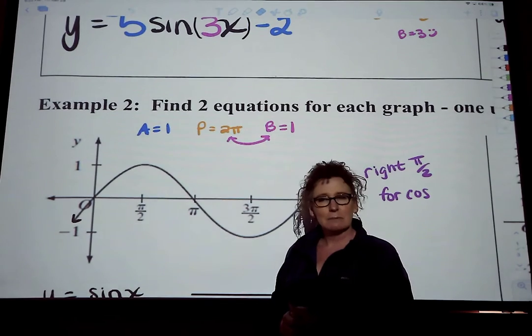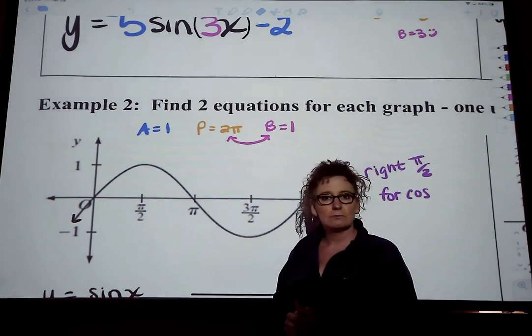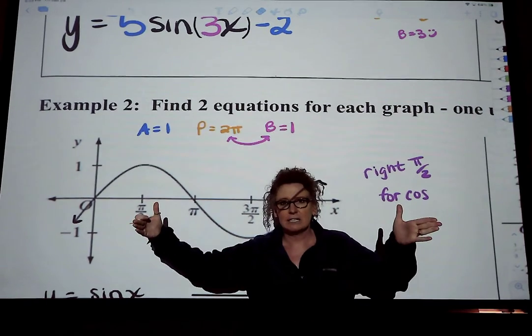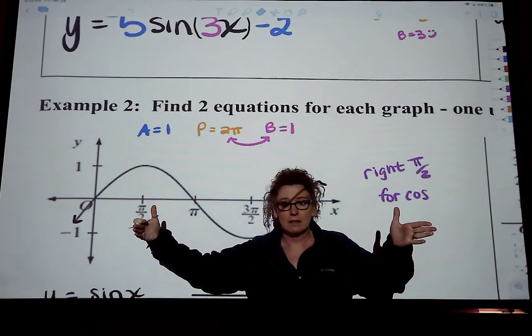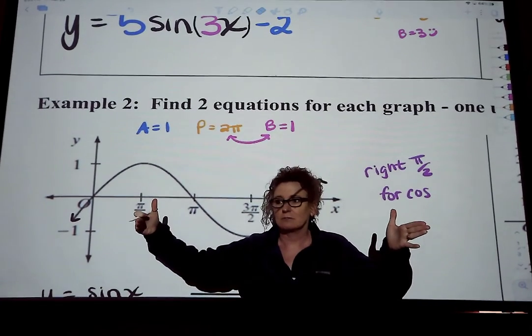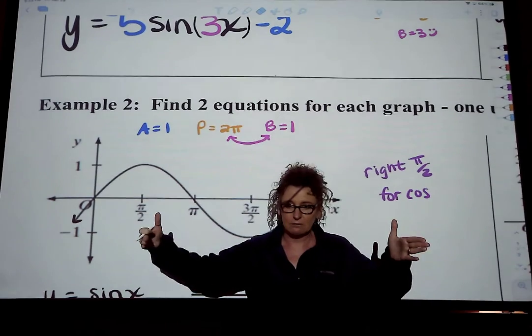Now, what does frequency mean? Frequency is how many cycles you see in a 2 pi range. That's B. You don't have to do any math. Just how many do you see? Count them from 0 to 2 pi.